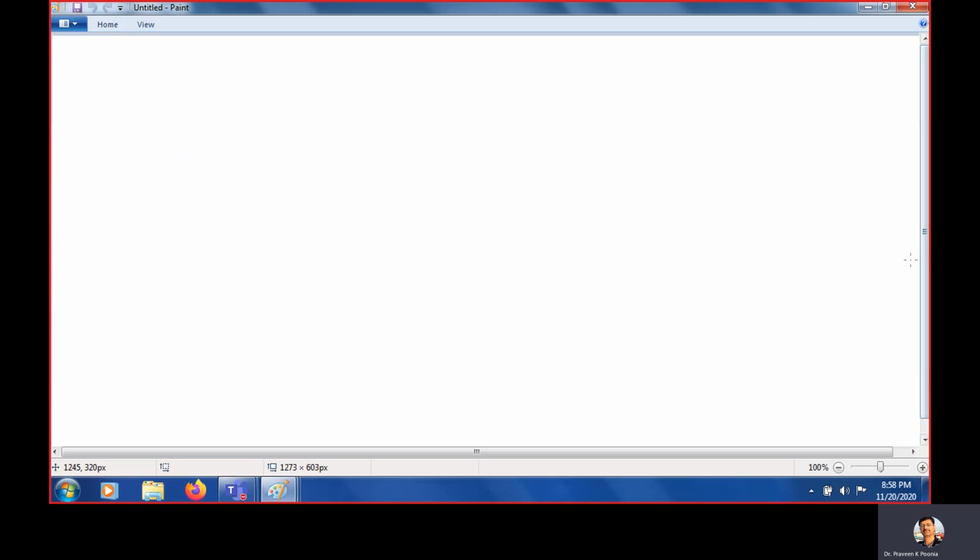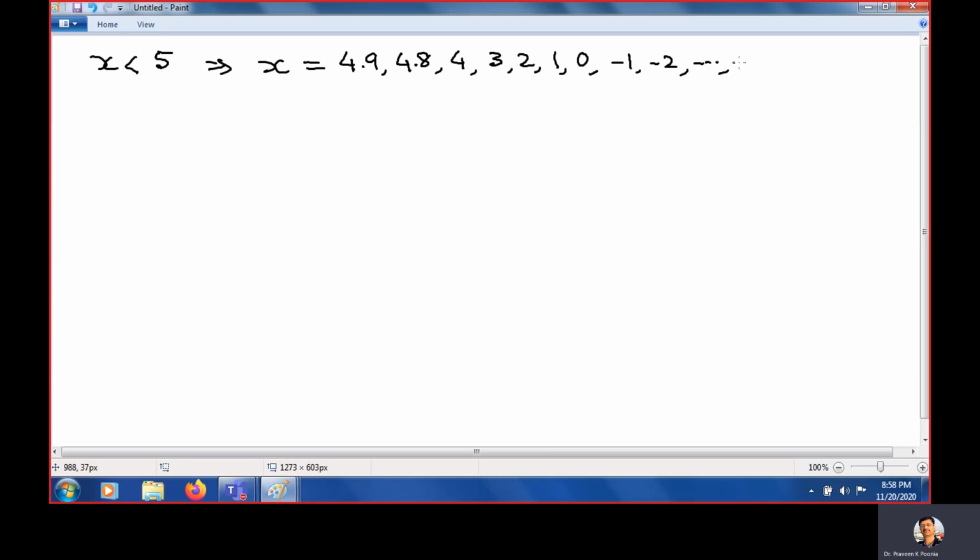Also, if we take say x less than 5, what do you mean by x less than 5? The value of x is less than 5, so 4.9, 4.8, 4, 3, 2, 1, 0, minus 1, minus 2, minus 10, minus 100, any value, because less than 5.